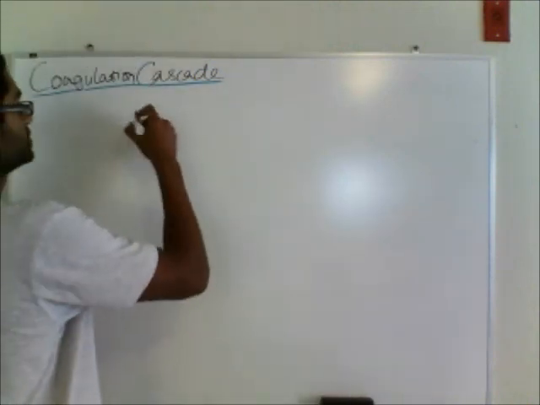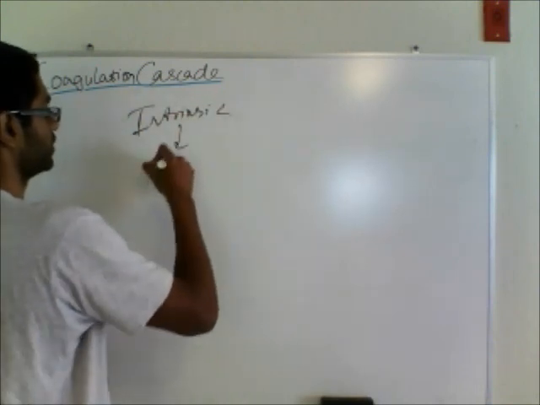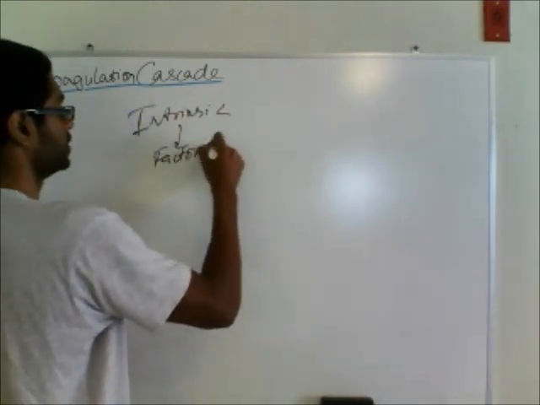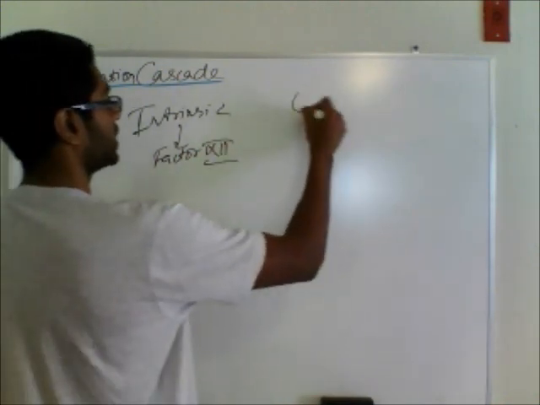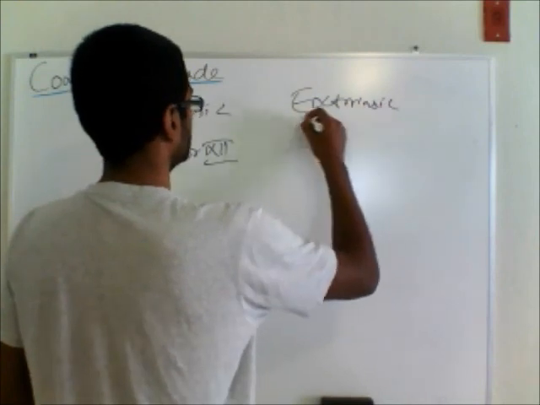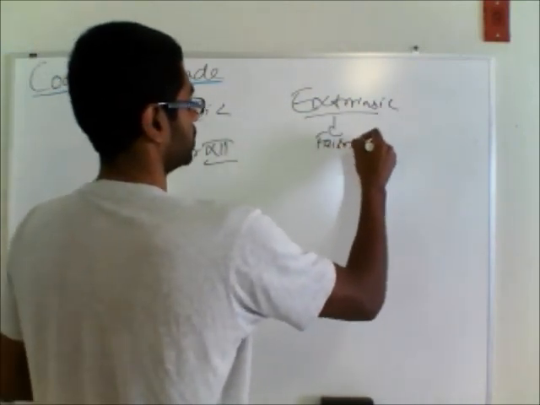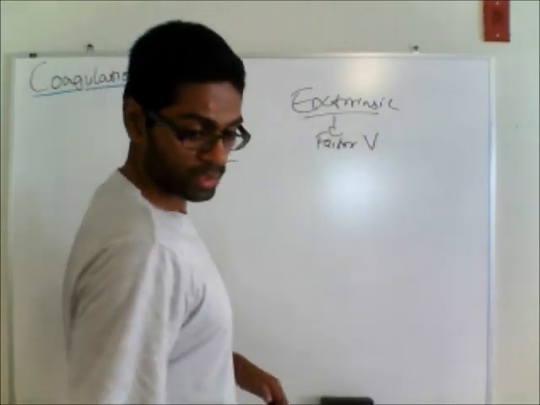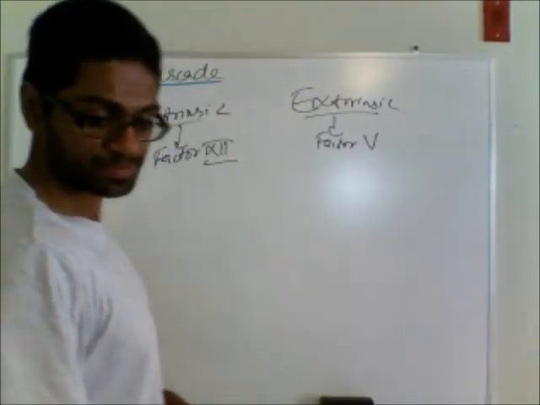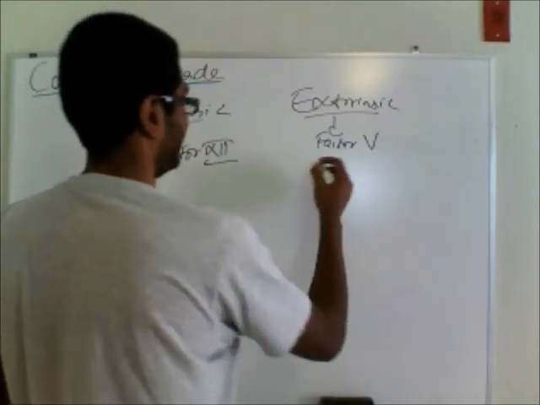And as I mentioned, the intrinsic pathway involves Factor 12, and that's a long pathway. And the extrinsic pathway involves tissue factor.